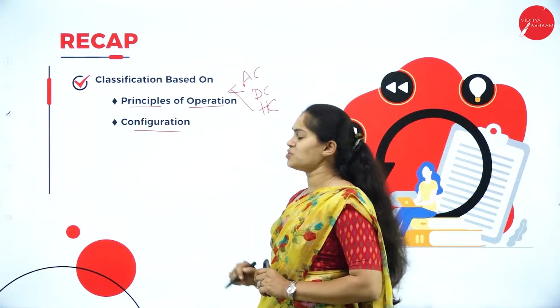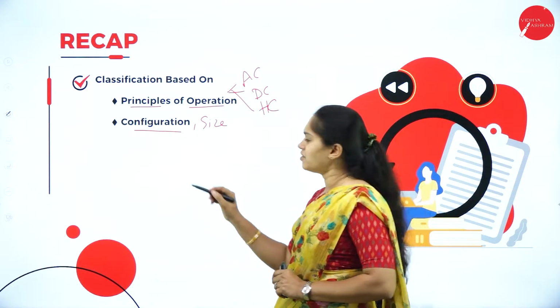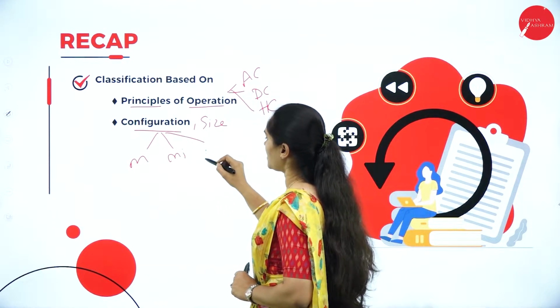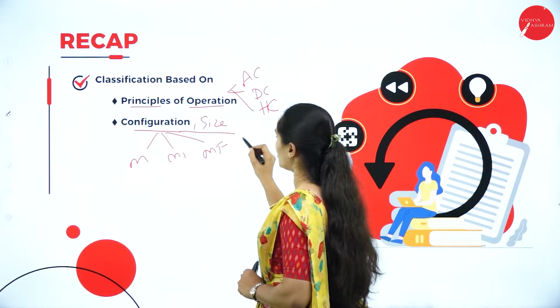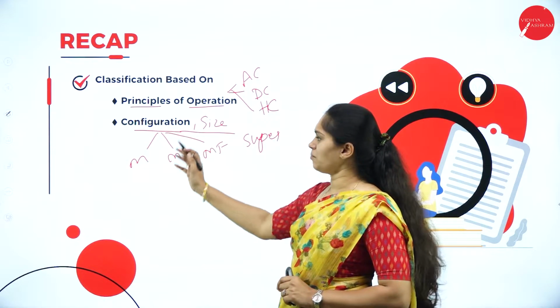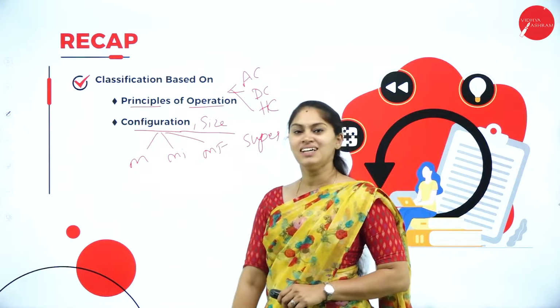When it comes to configuration, or size and performance, we have mini computer, micro computer, and mainframe computer along with supercomputer. These are the different types of computers based on configuration. This is what we discussed in the last class.